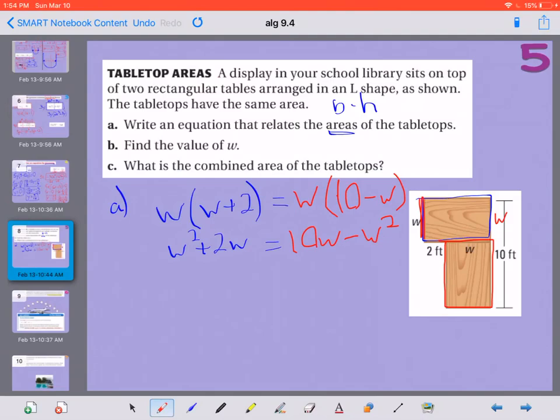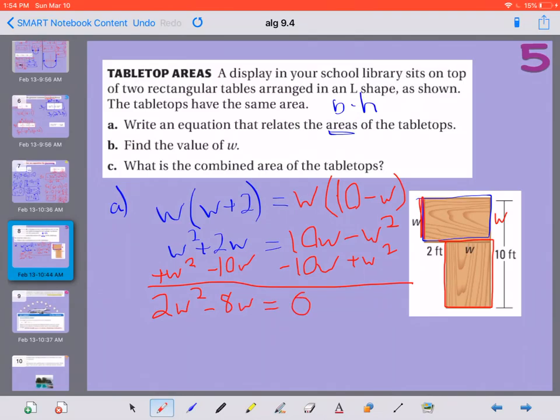So we can set these equal to 0. So I'm going to add W squared to W squared and get 2W squared. Then subtract 10W. So it'll give me a negative 8W. And that's going to equal 0 because we got rid of everything over here.